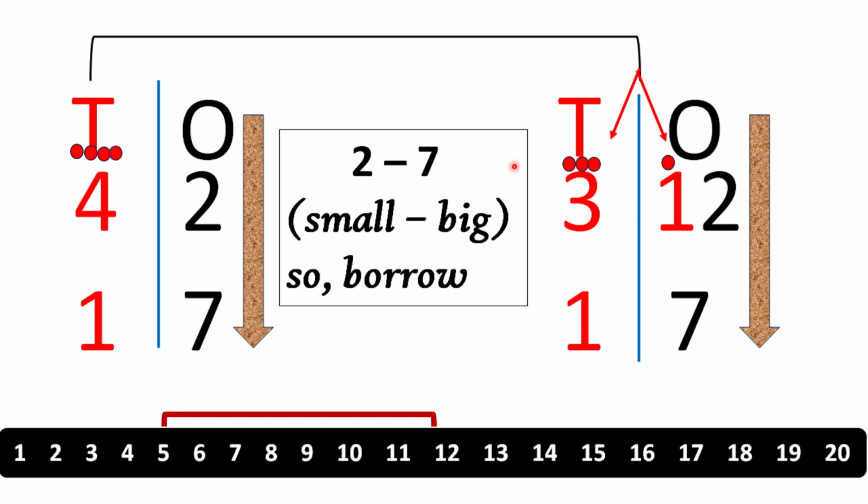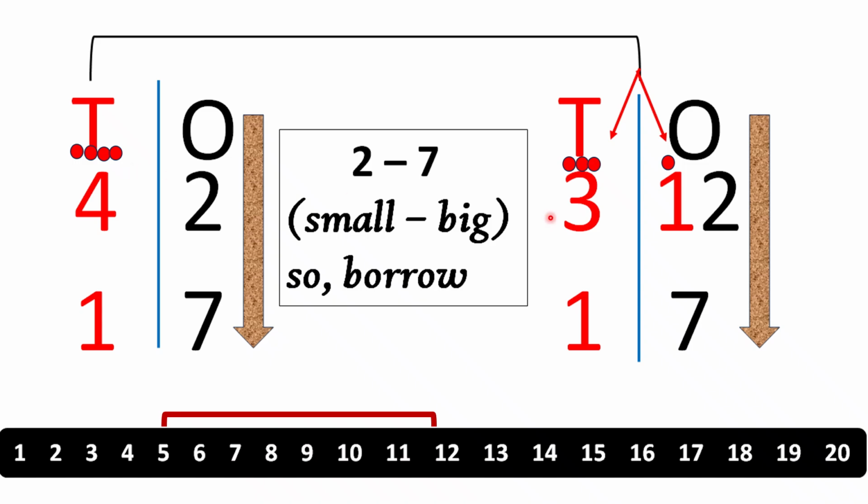4 tens: see, 3 tens here and 1 ten here. If the child is still confused, draw 4 circles, red in color, representing 4 tens.